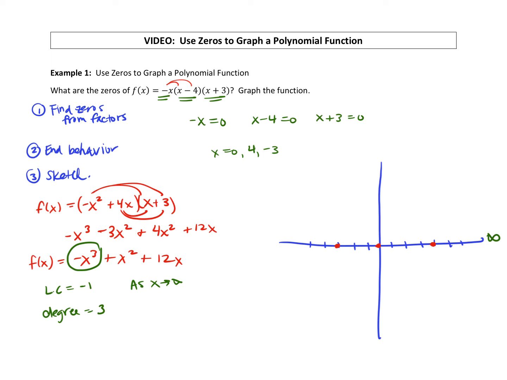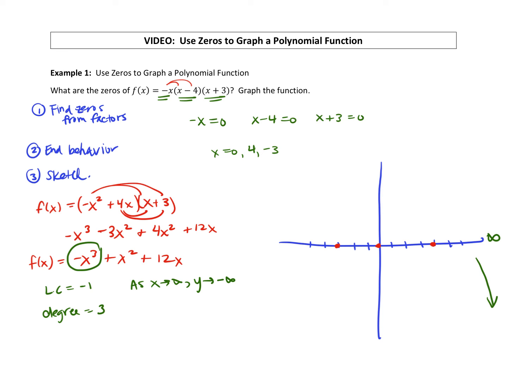That's the right side of your graph. Your y's are going to approach either a positive or negative infinity depending on the leading coefficient. Our leading coefficient is negative, so the y's are going to approach a negative infinity, which means our graph is going to head down on the right side.